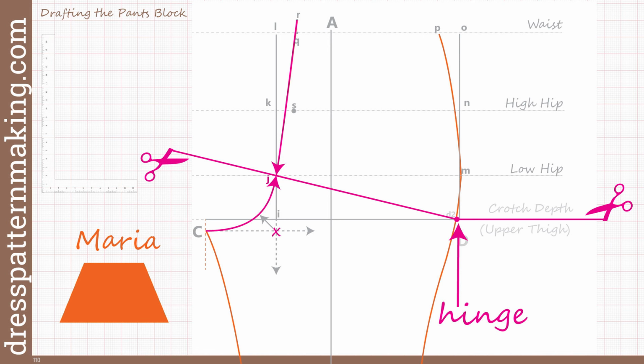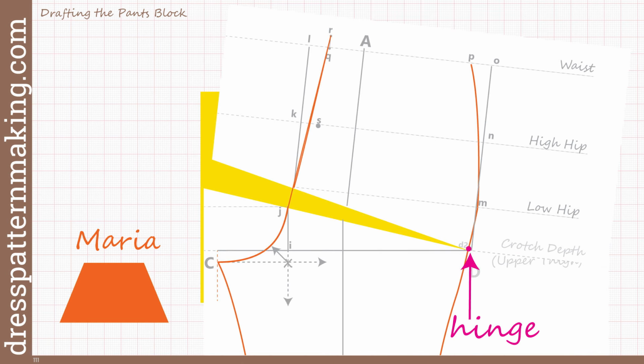Then cut from the other side of the paper to intersect at the J point at the low hip line and through up to the D2 point. Don't cut through completely, leave a small hinge. It's better if you draw a straight line with the ruler and then cut along that line. Now place another piece of paper underneath and spread to get the extra length you need. You may have to spread it, measure it, adjust, remeasure. You may need to test it a few times before you get your correct length.